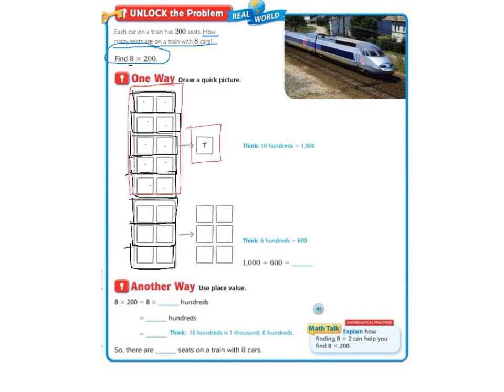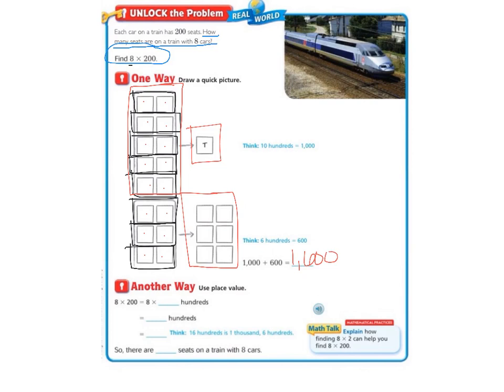So I have 1,000. Then down here I have 1, 2, 3, 4, 5, 6 hundreds left over. 600. Add those together. 1,000 plus 600 is 1,600. So we've multiplied 8 times 200 by using base 10 blocks and drawing a picture.